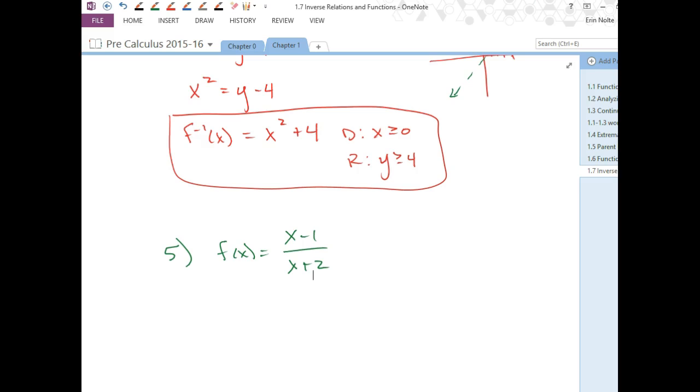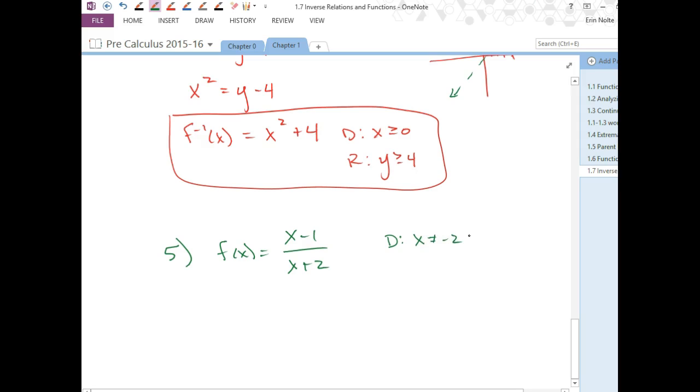Yes, there is a vertical asymptote. So if I state my domain and my range, what's the one value that x cannot be? What value makes the denominator 0? So just -2, right? So x cannot be -2.